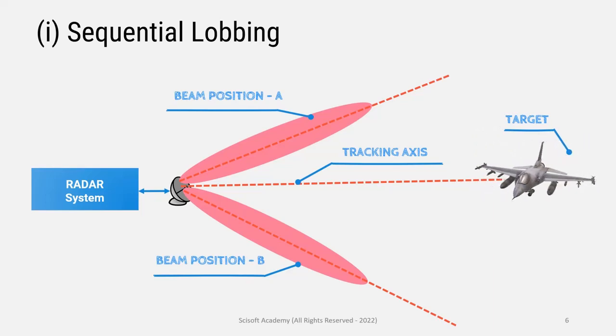And one main disadvantage: by using sequential lobing, we can identify the direction, but not the position. But of course, it has some applications, such as ground-based radar tracking systems. And I think I've covered most of the sequential lobing things.